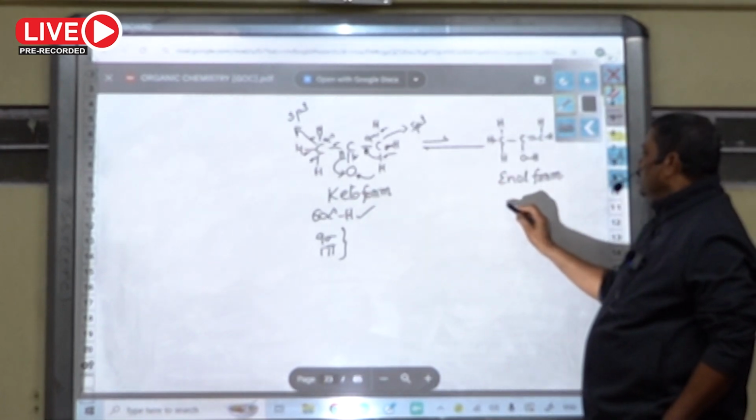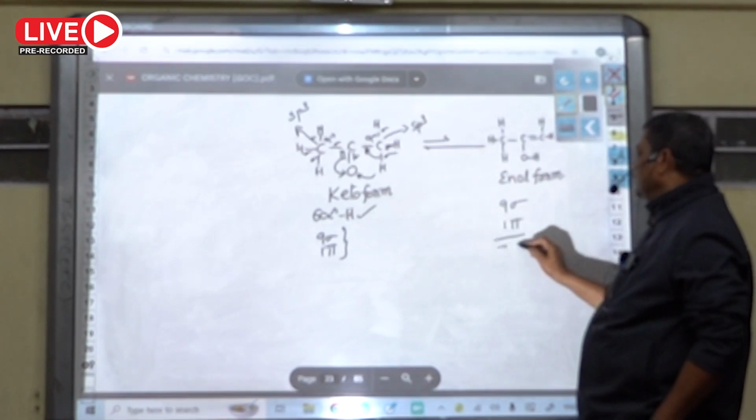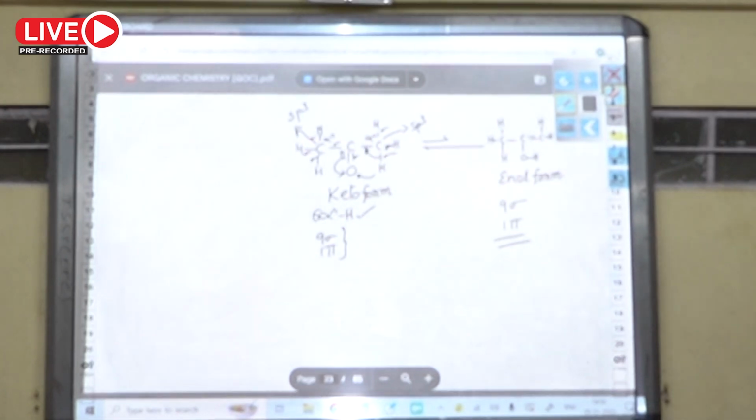Here also if you count, you will get 9 sigma, 1 pi. So the number of sigma and pi bonds in both is the same.